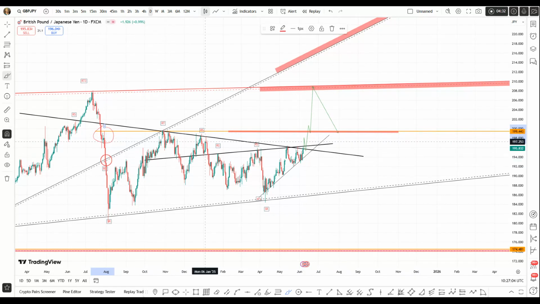So as we are swinging to break out from this descending trend line, connecting November 2024, December 2024, and May 2025, we have a breakout, but not evident. So we want a valid and visible daily candle close above that level.